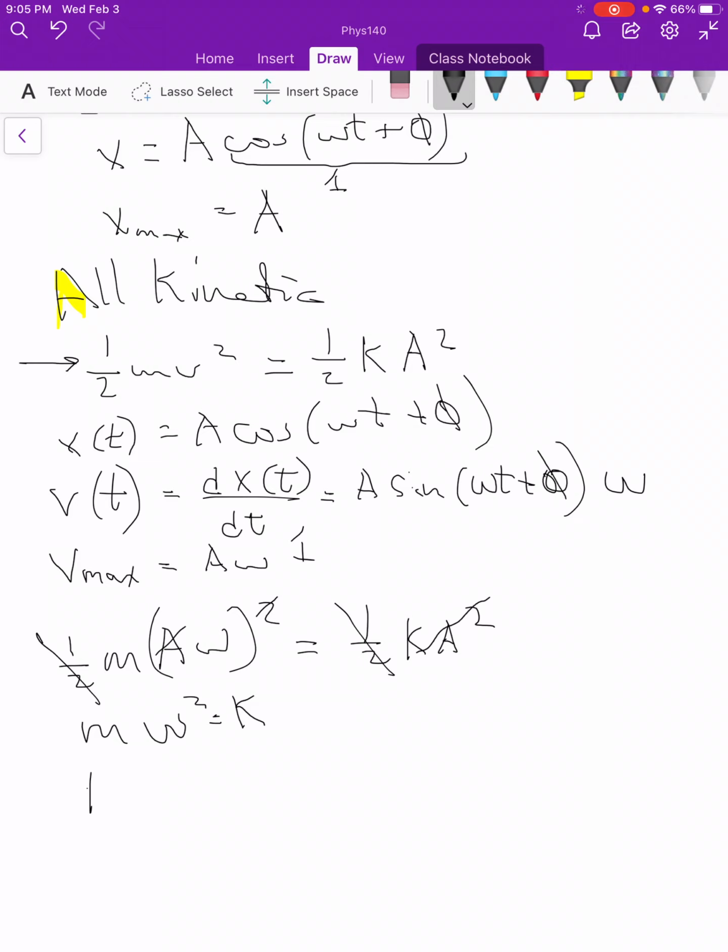Okay, so I'm trying to find out what k is. So k is equal to m omega squared, where the mass is 0.5 kilograms. And what about omega? Well, omega is equal to 2 pi over the period. And they told me that the period is equal to 0.8.